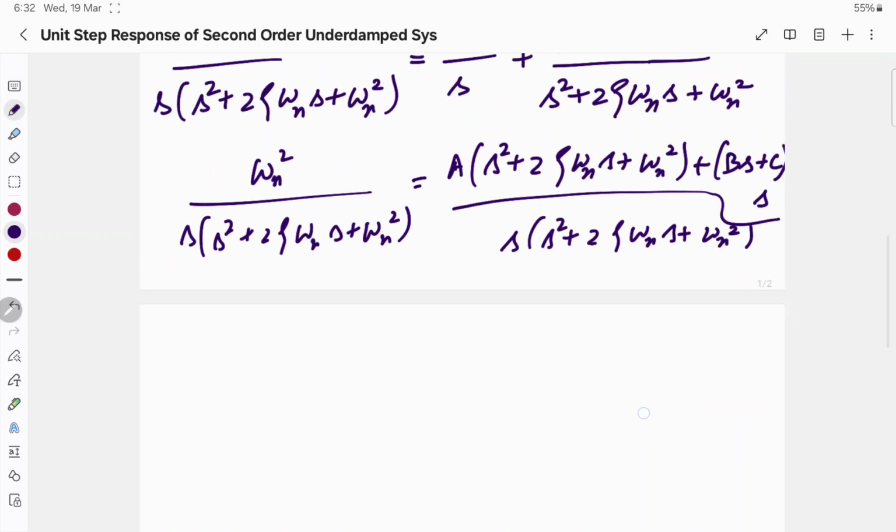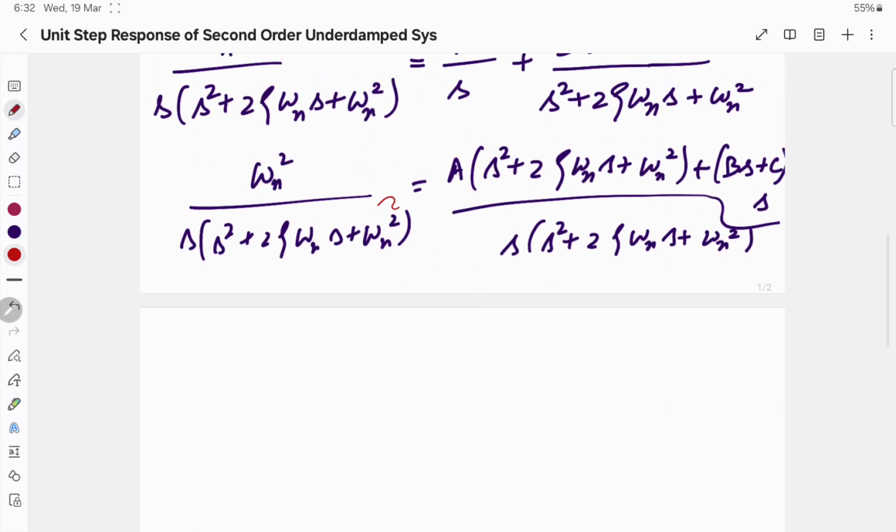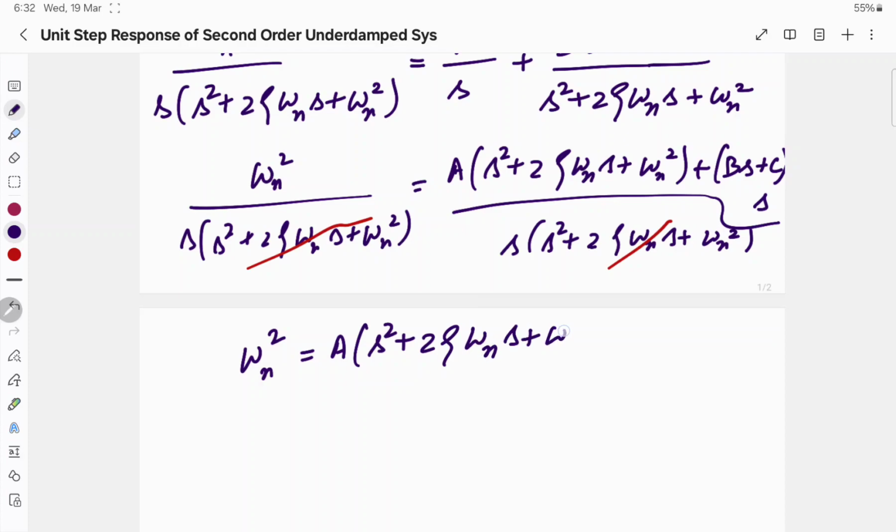We can cancel the denominator on both sides, so we get omega n square equal to A times (s square plus 2 zeta omega n s plus omega n square) plus Bs square plus Cs.